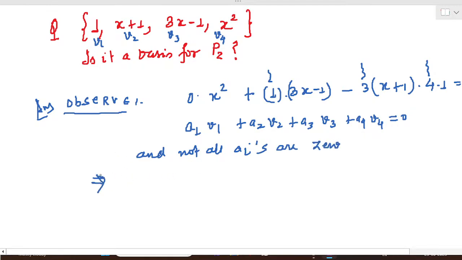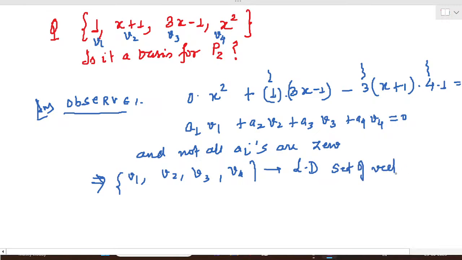It implies that this set of vectors, V1, V2, V3, V4, is a linearly dependent set of vectors. Since they are linearly dependent, it violates the basic condition for a basis, so it cannot be a basis. Is that clear?